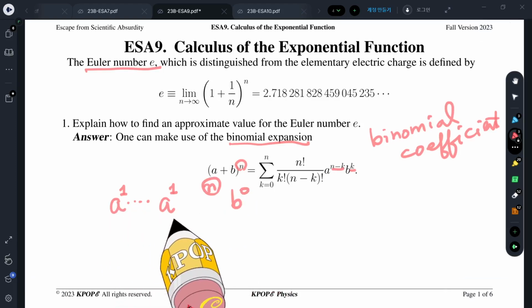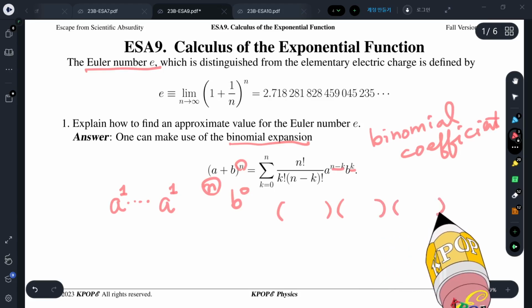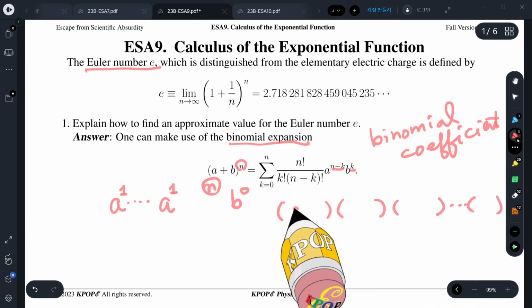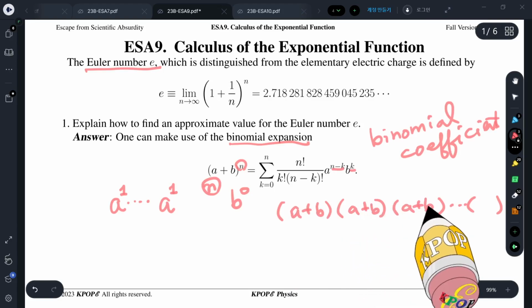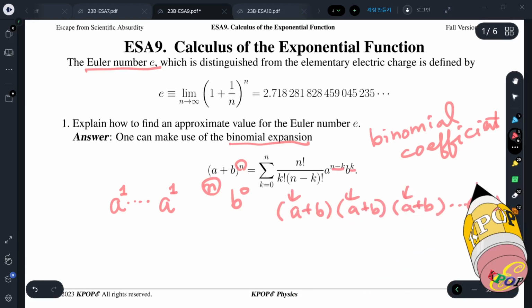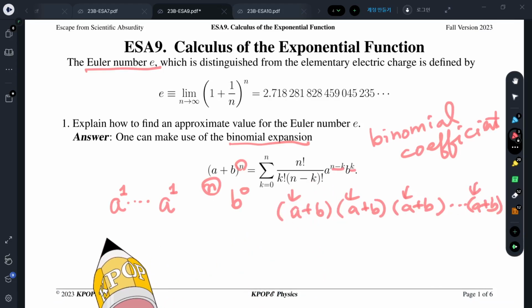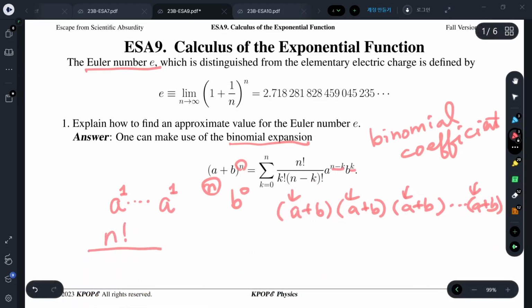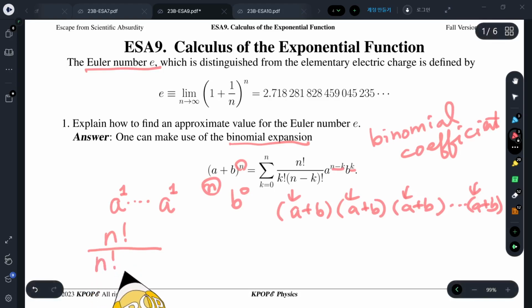Choosing a everywhere in the product of n factors of (a + b), we have only a single case. So it is n factorial over n factorial and 0 factorial.